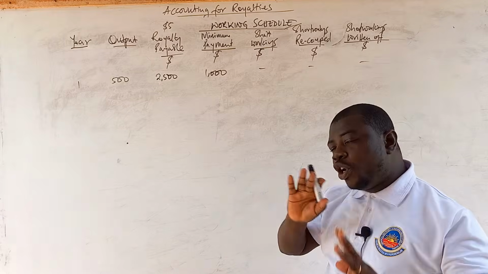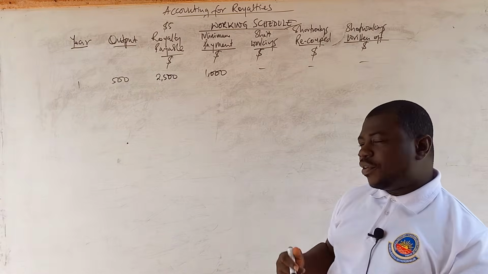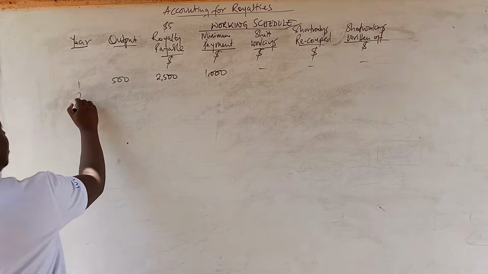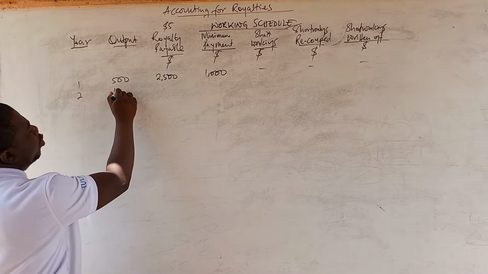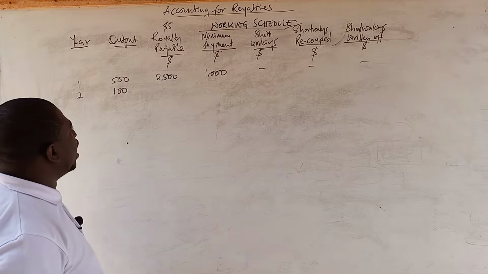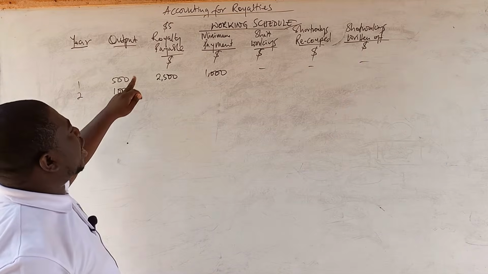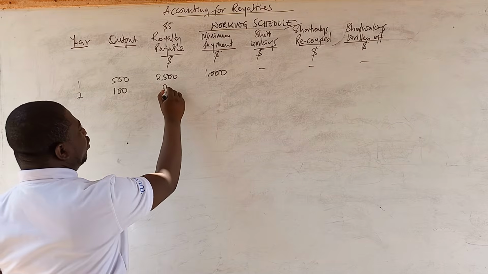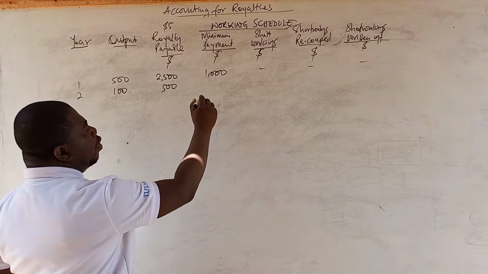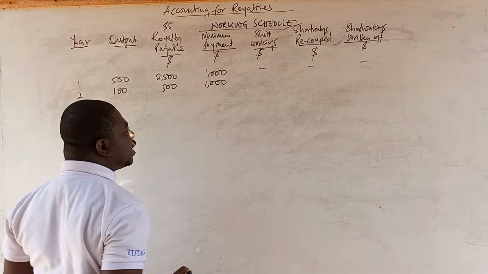Now, I'm only using assumptions to make this very understandable. So let's look at assumption 2 in year 2. Let's say you are able to produce 100 units. If you multiply 100 by 5, you have $500, whilst your minimum payment maintains at 1,000.